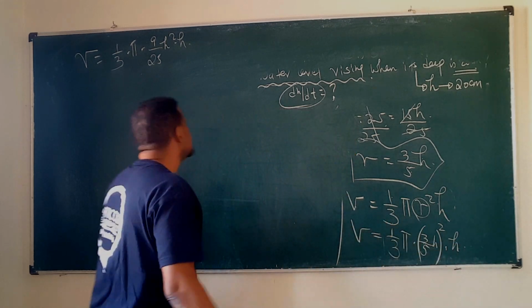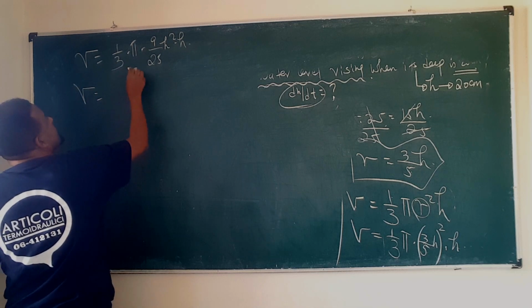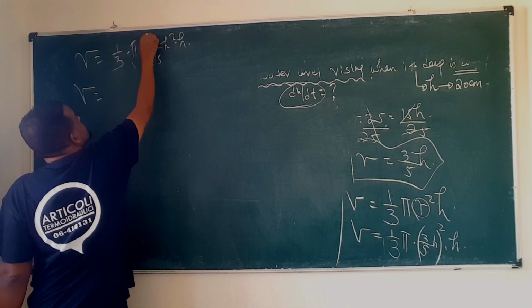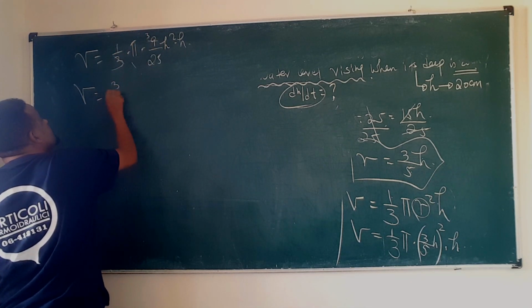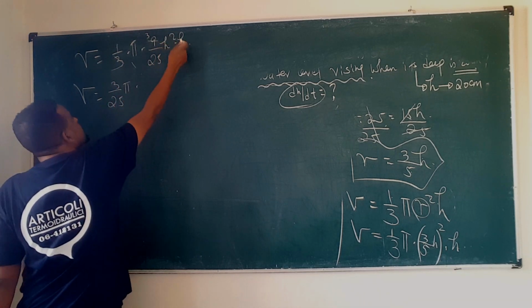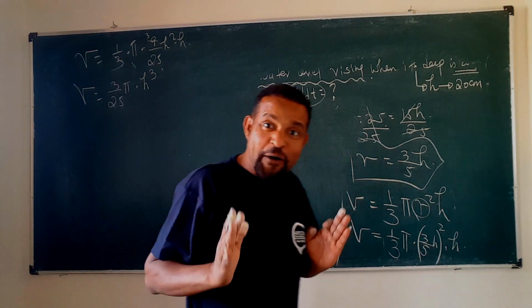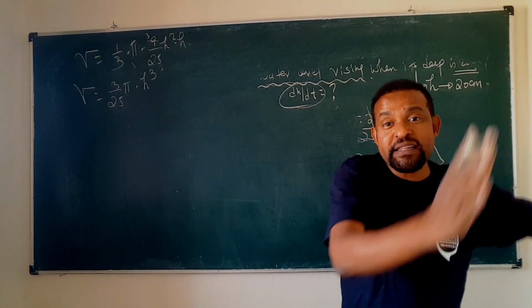Don't forget that. So the volume will be 3/25 pi times h squared times h, which is h cubed. Now life is smooth because volume is in terms of h.